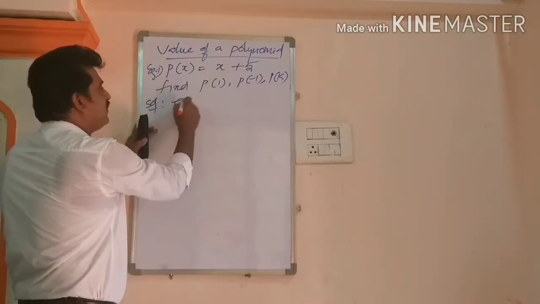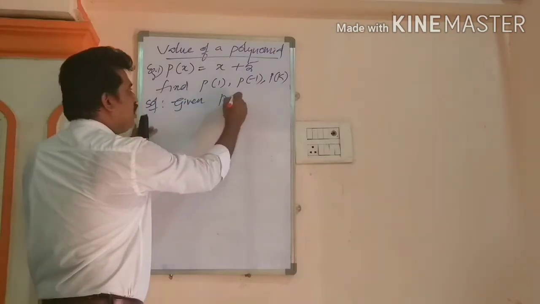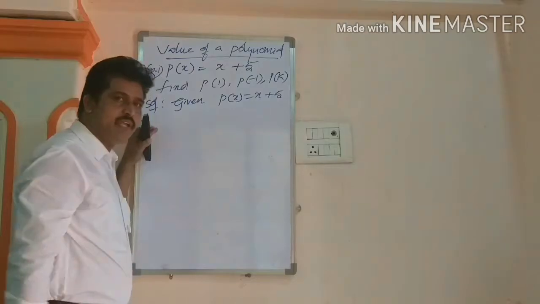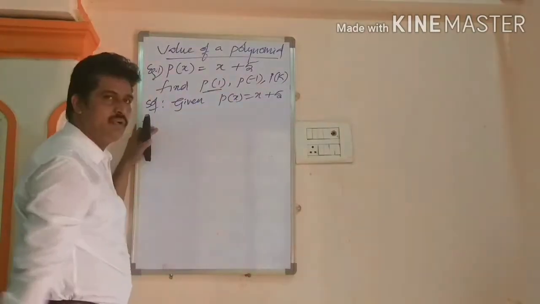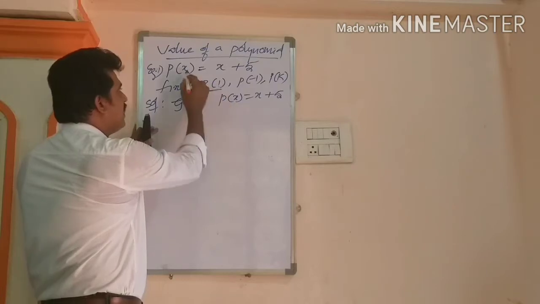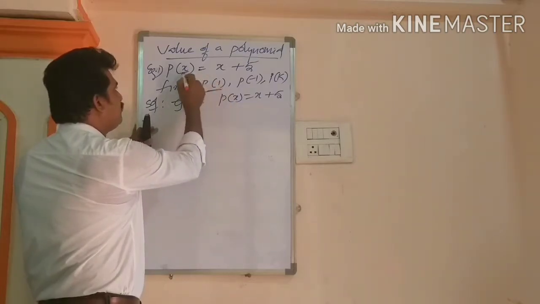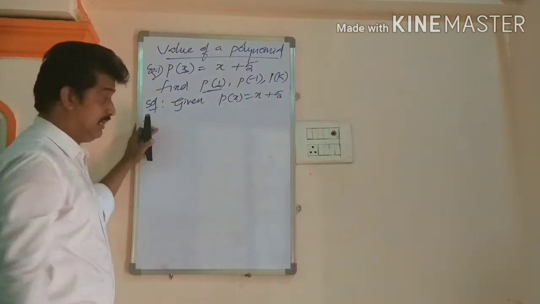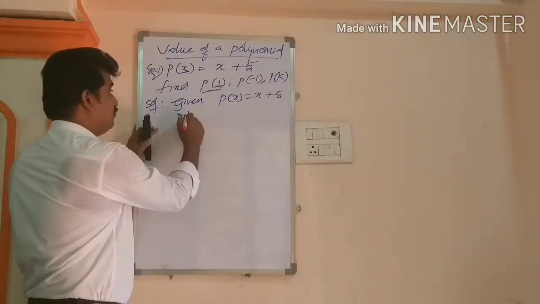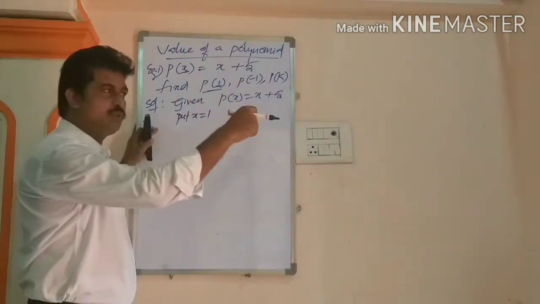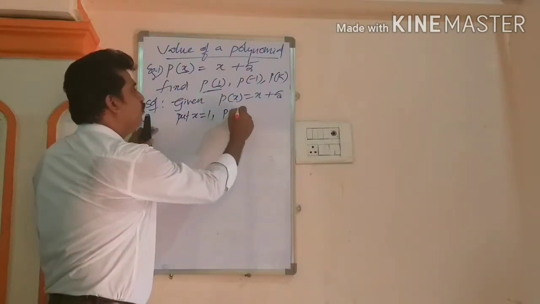Take first the given polynomial. P of x is equal to x plus 5. Take the first one, p of 1. P of 1 means, observe these two, in place of x we have to substitute 1, that's all. You can write it like this also: put x is equal to 1.